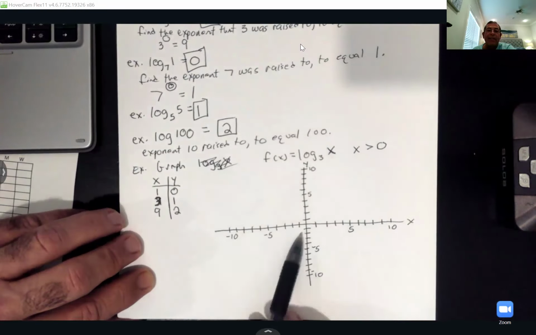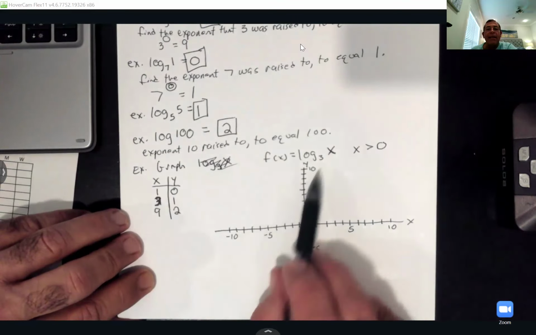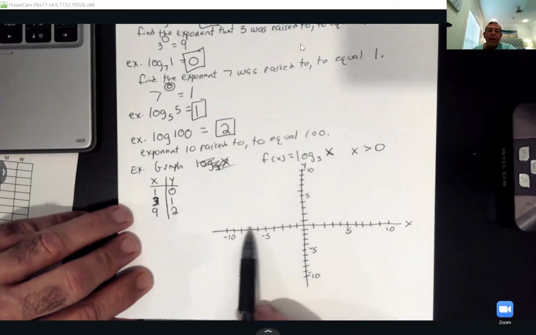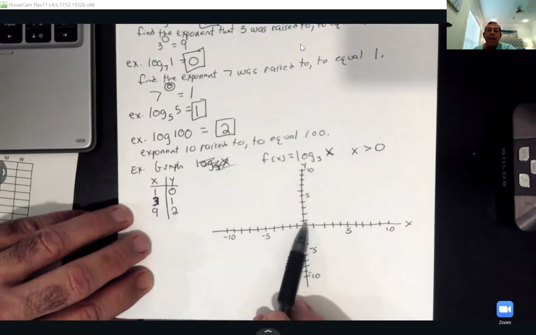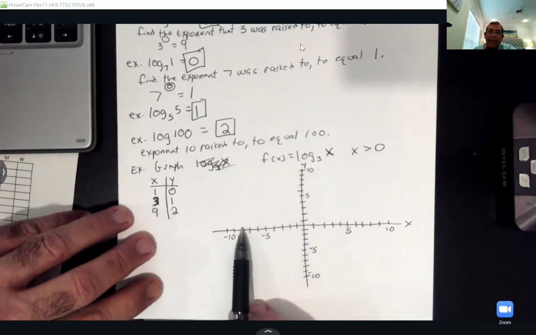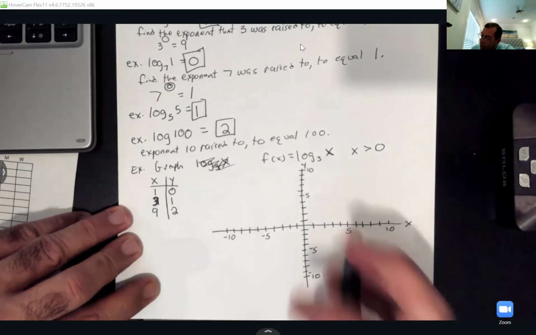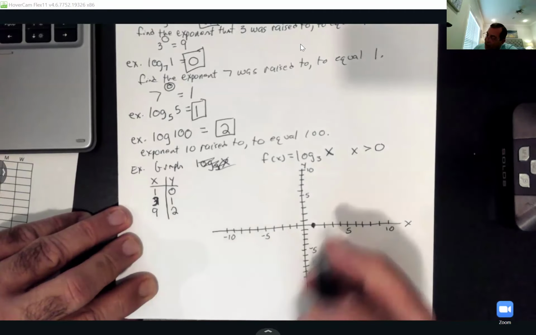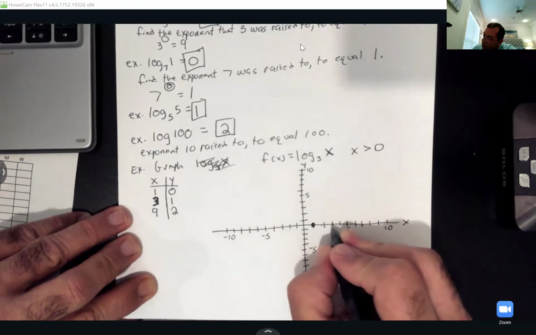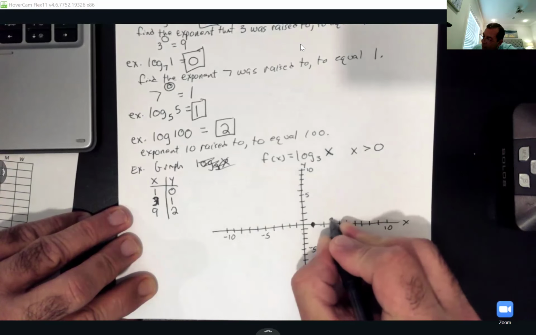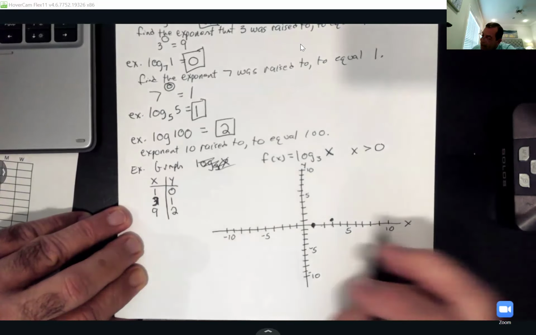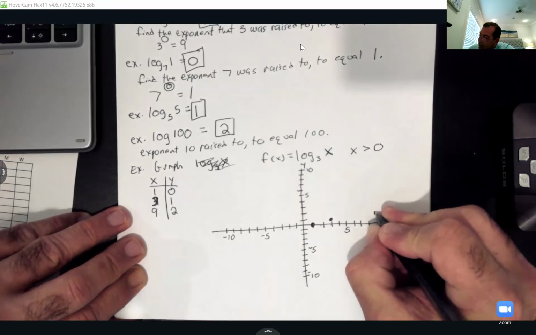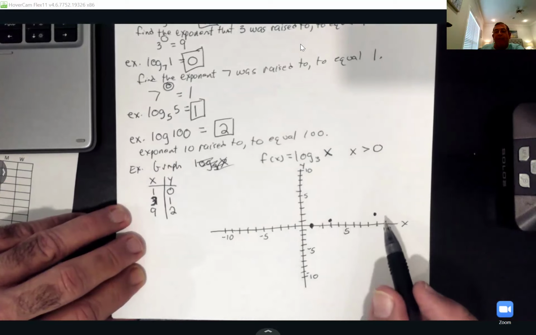I can't pick any of these negative x's because I can't take the log of a negative number. So what's going to happen is these graphs can never cross over the y-axis. So here's my first point, 1, 0. It's right on the x-axis. Then I had 3, 1. So that'll be 1, 2, 3 over and 1 up. Then I had 9, 2. So that'll be over here at 9 and up 2. So they don't climb very fast.